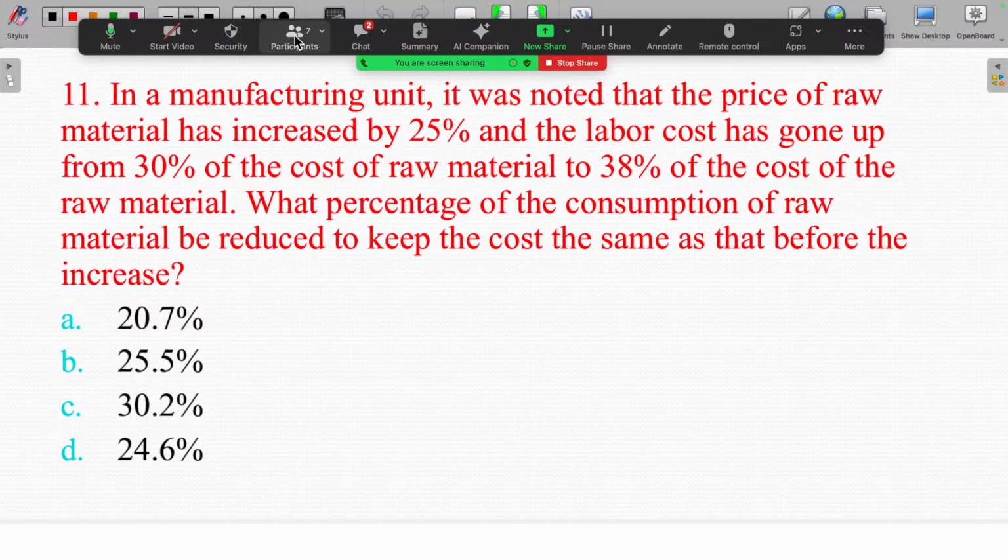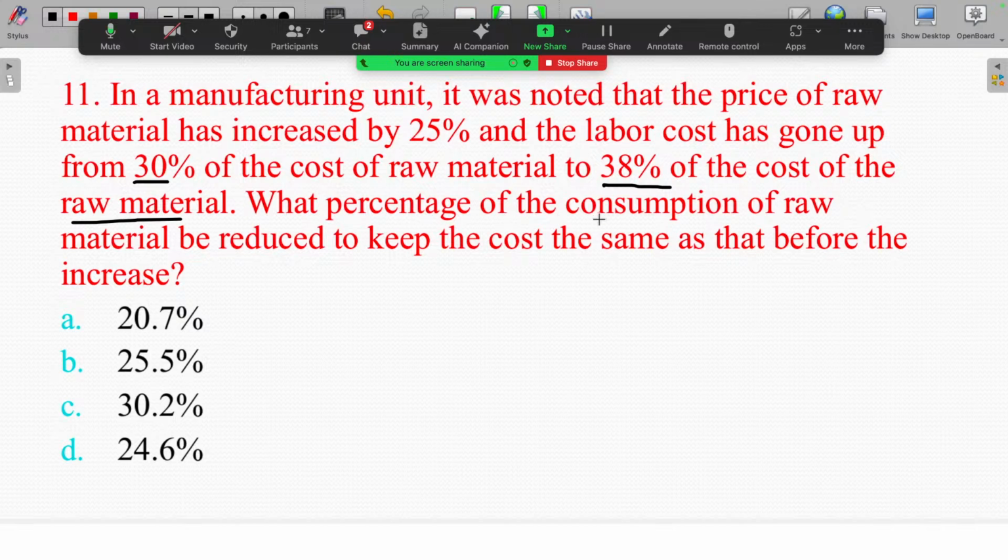in a manufacturing unit it was noted that the price of raw material has increased by 25 percent and the labor cost has gone up from 30 percent of the cost of raw material to 38 percent of the cost of raw material.